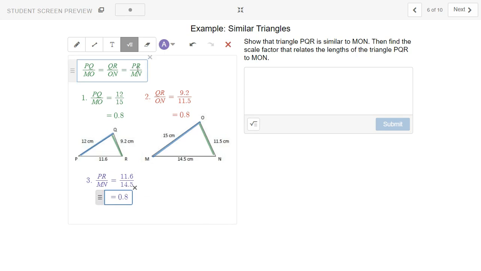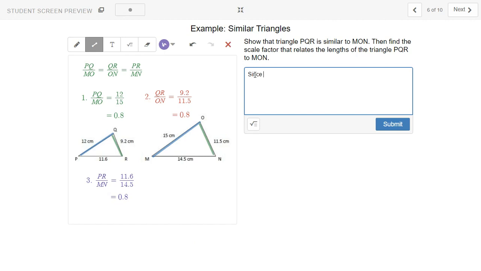Now, since this was proven, I know for sure that these two triangles are similar to each other.